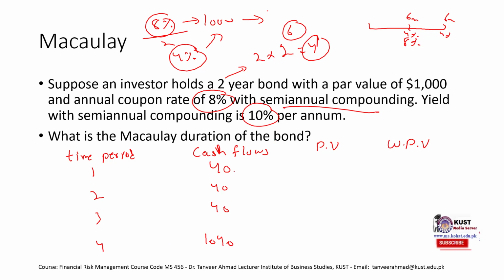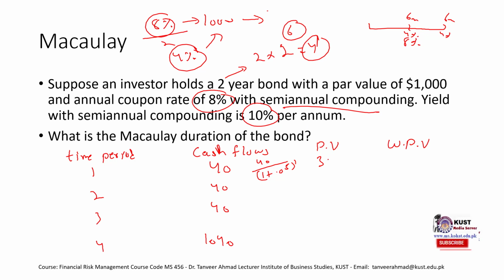Let's find the present value. Again, present value would be equal to 1 divided by 1 plus 0.05 raised to power 1. Okay, so let's write the values.